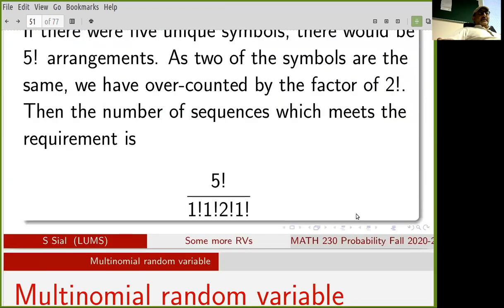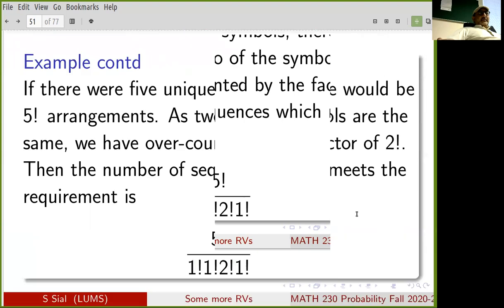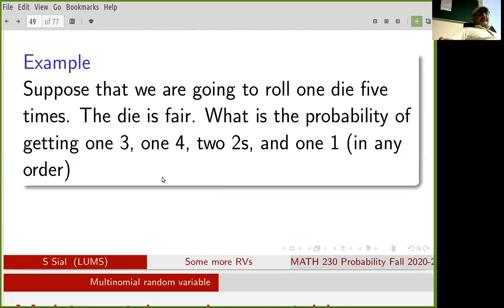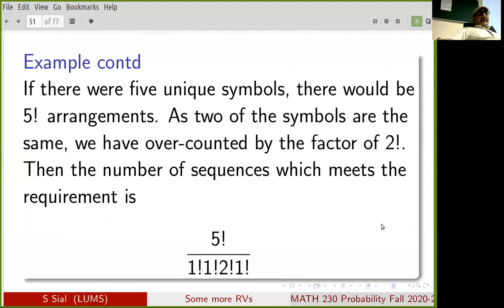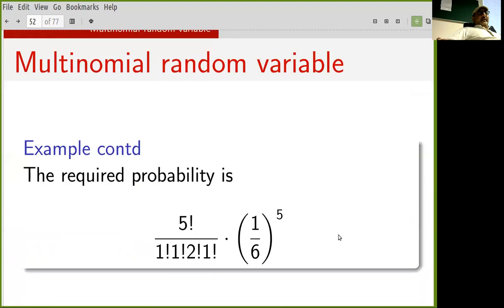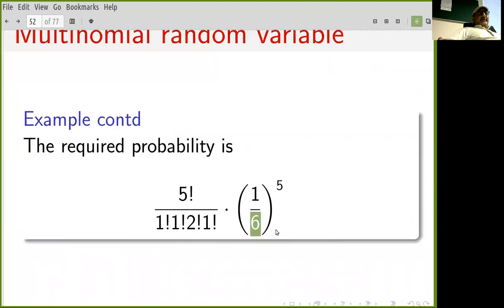Again, the number of sequences that meet this requirement is 5 factorial divided by 1 factorial, 1 factorial, 2 factorial, 1 factorial, and you multiply that by the probability 1/6 to the 5th, which is the probability of any one of those sequences.